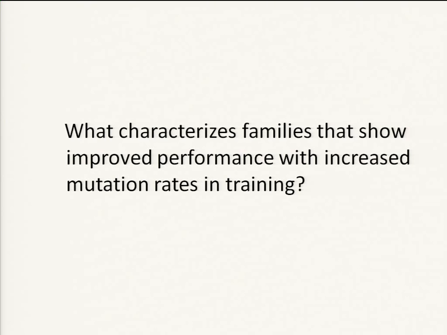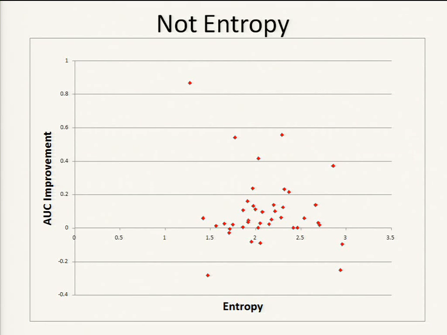The question that comes to mind is what characterizes the families that improve, so we looked to characterize these families. First, we looked at entropy, which is a measure of information content. We made a scatter plot of entropy and AUC improvement and did not find any correlation between these two.